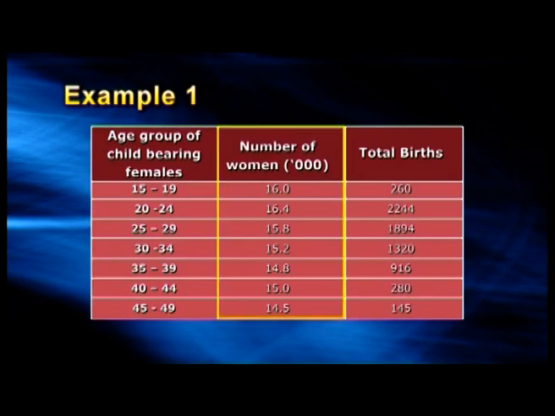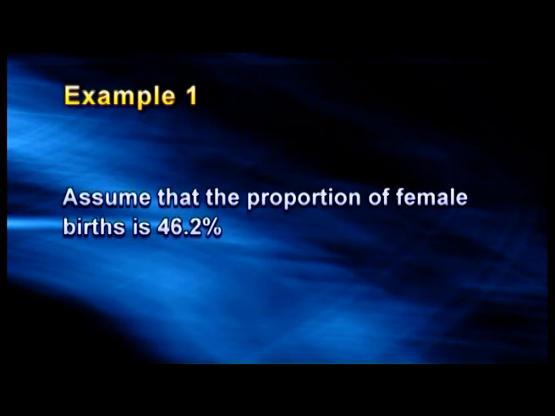The second column shows the number of women in each subgroup, and the third column shows the number of births in each subgroup. Assume that the proportion of female births is 46.2.